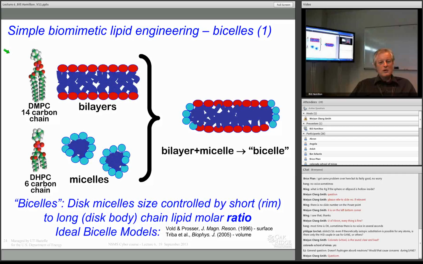And we worked with two lipids, and one was called DMPC, which is a 14-chain lipid. So this is its head group, and it's got a long double tail, essentially an oily tail that dislikes water. So if you put it in water, this forms bilayers.